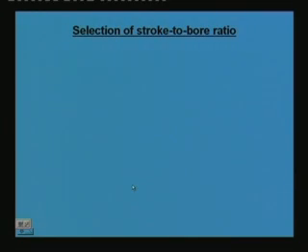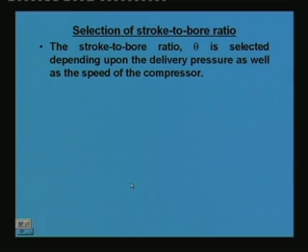Okay, so selection of stroke to bore ratio. The stroke to bore ratio theta is selected depending upon the delivery pressure as well as the speed of the compressor. So how does the delivery pressure affect the stroke to bore ratio, and how does the speed of the compressor affect the stroke to bore ratio? Let us look at it.